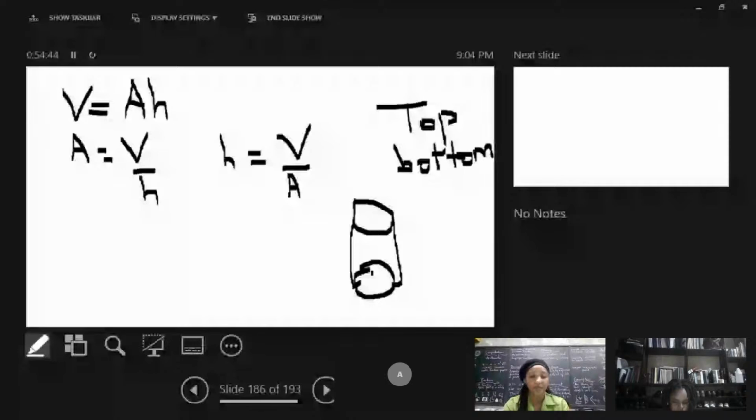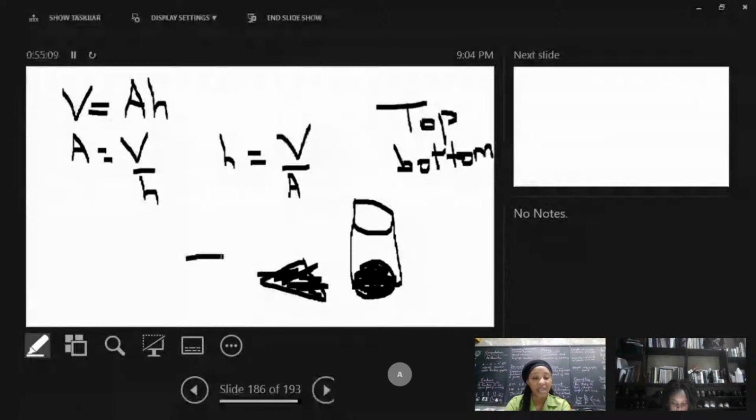If the base is a circle, you find the area of the circle and multiply it by the height. If the base is triangular, find the area of the triangle, whether you use half base times height, Heron's formula, or half ab sine C, and multiply by the height.